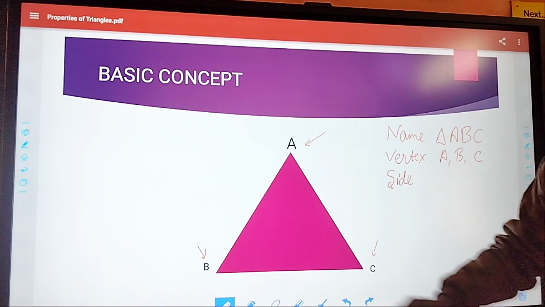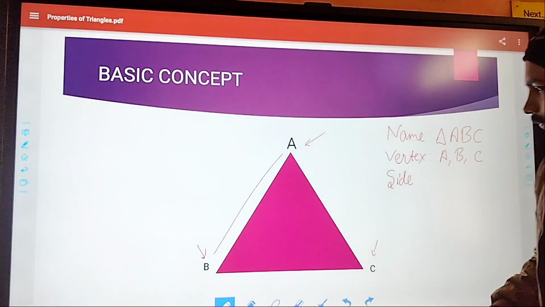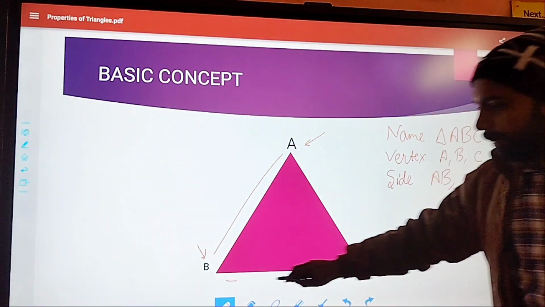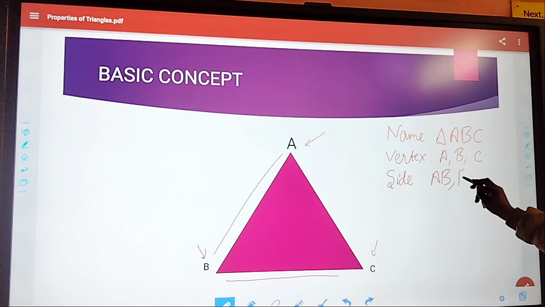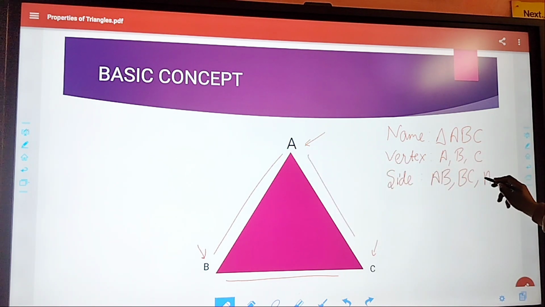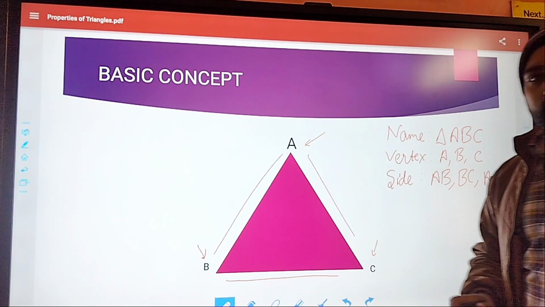The sides are AB, BC and the last one AC. There are a total of three sides in any triangle.